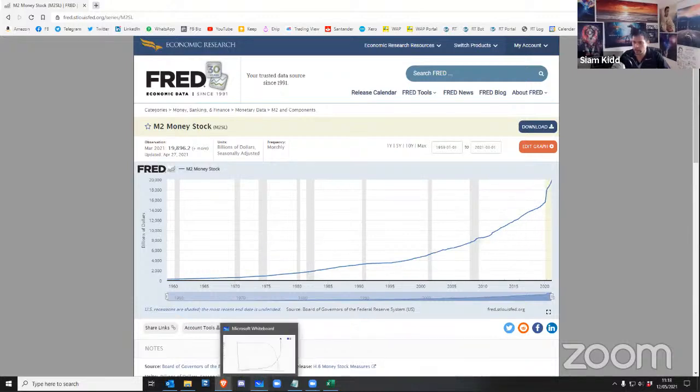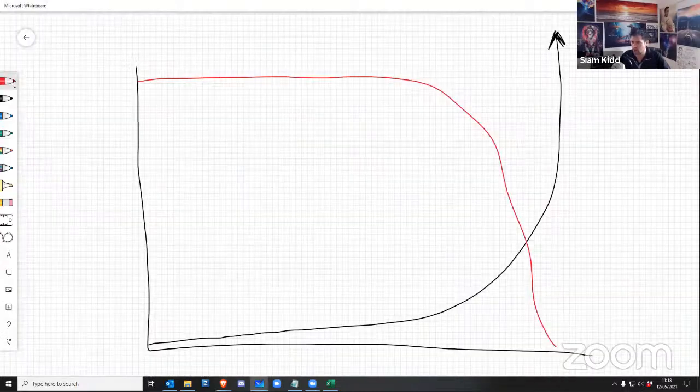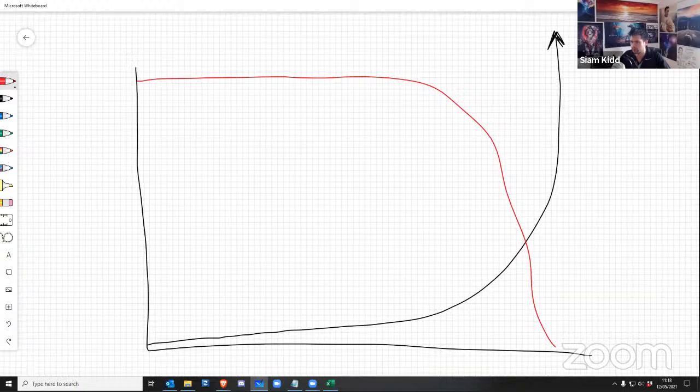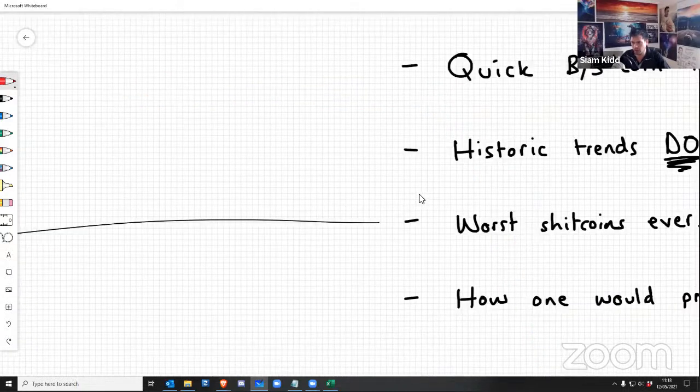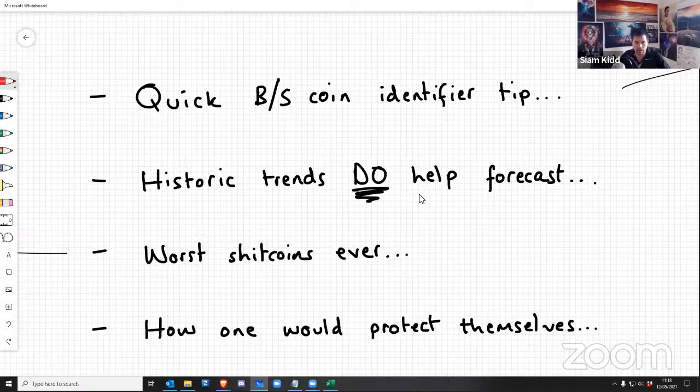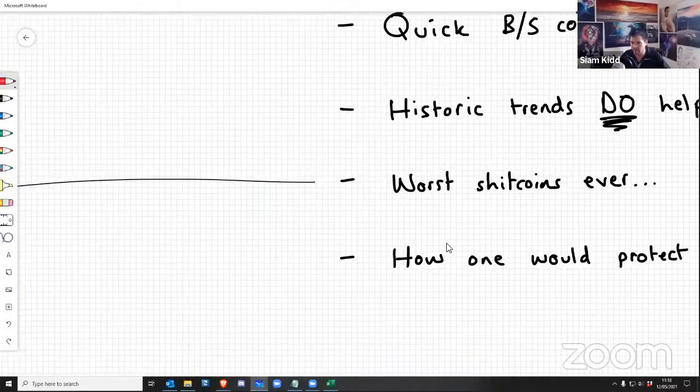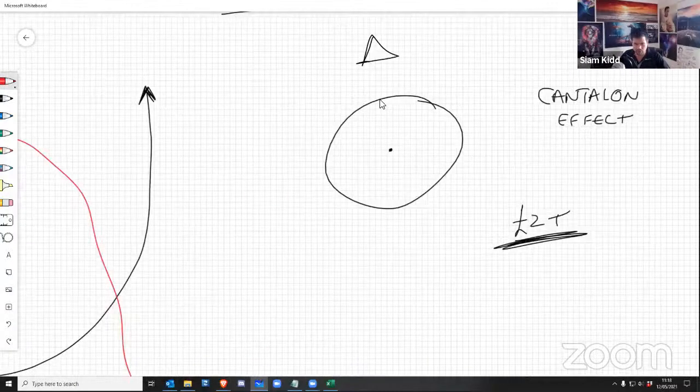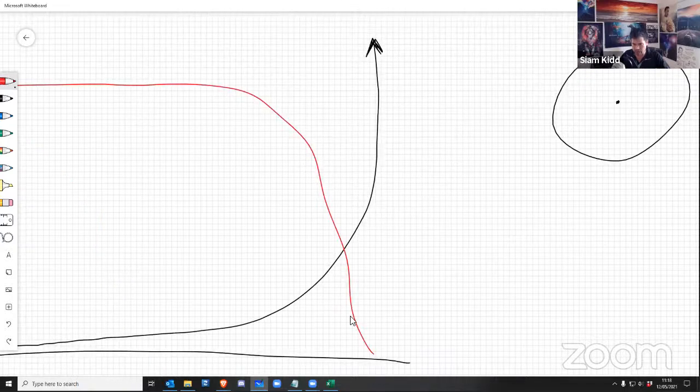So going back to what I said over here, historic trends do help forecast future trends, especially when it comes to what the government will do with its currency. It's guaranteed that the government will end up printing, and the purchasing power will go down and down and down.